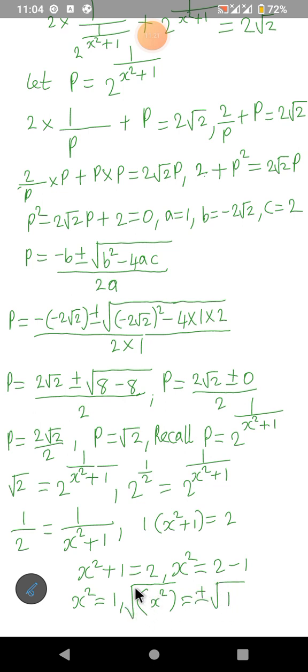From here, the square root sign and the square sign cancel, so we are left with just x equal to plus or minus the square root of 1. The square root of 1 is 1. So my final answer is x is equal to 1 or minus 1. So this is my final solution.